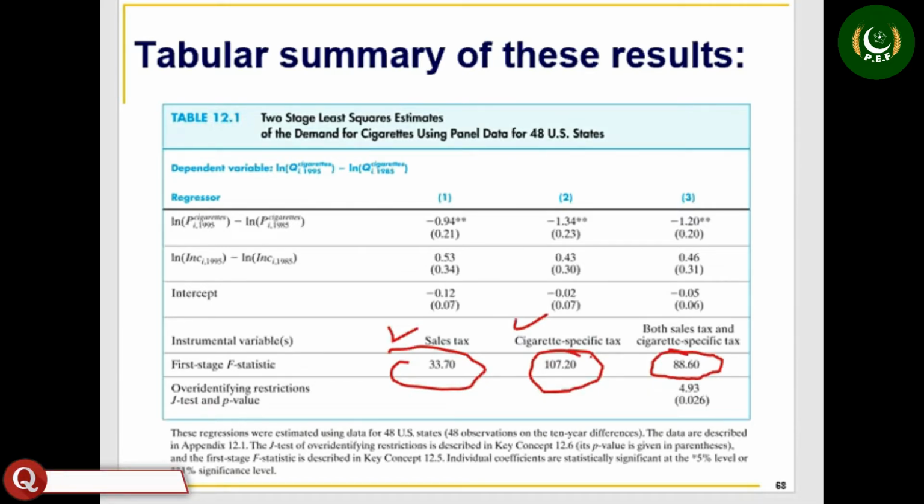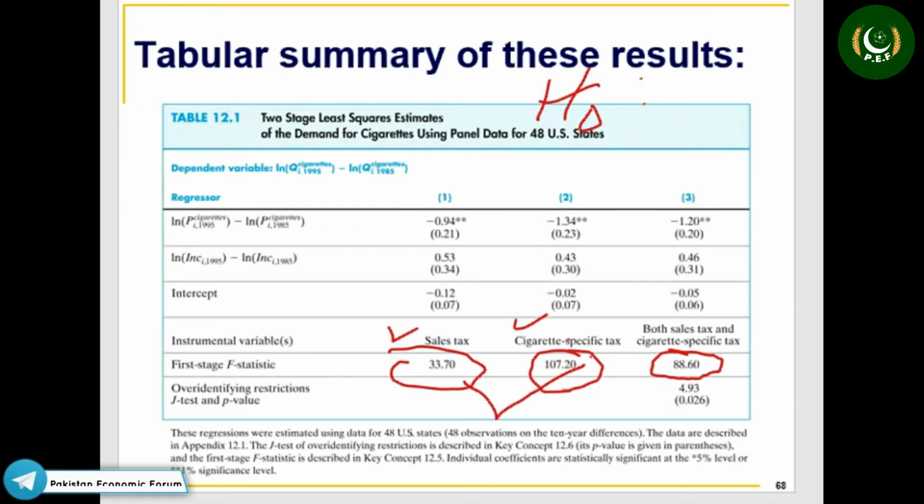Second issue, whether sales tax or cigarette tax are exogenous or not. Our null hypothesis is that both are exogenous. If they are exogenous, then the difference between these two estimates will be very close to each other, only due to sampling variability.